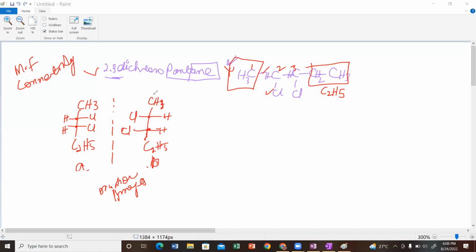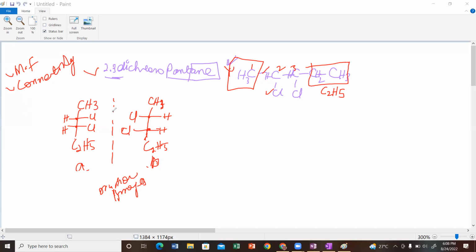Similarly in this one, carbon number 1 is CH3, on the second carbon we also have hydrogen and chlorine, on the third carbon we have hydrogen and chlorine. So their molecular formula is same, connectivity is same, but their orientation of atoms in space is different. That's why these are stereoisomers.